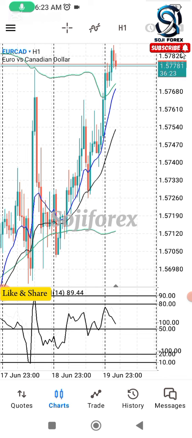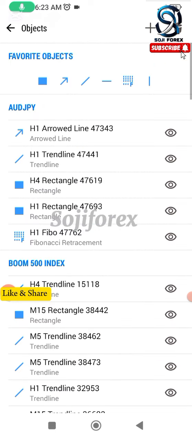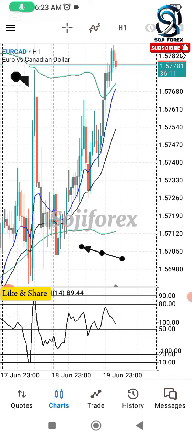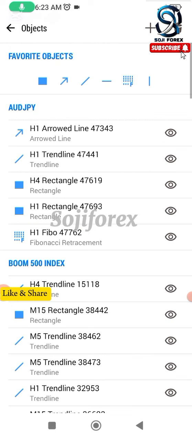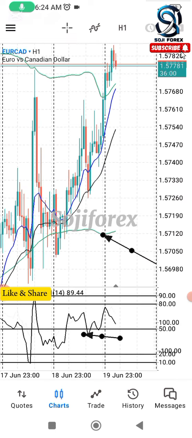We'll be using the middle Bollinger Band, which is this line you are seeing, to determine our trend, and as well to determine our entry. Then we'll be using our commodity channel index, which is this black line on my indicator window, in order for us to get a divergence, as the case may be.